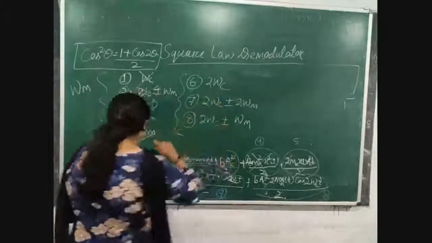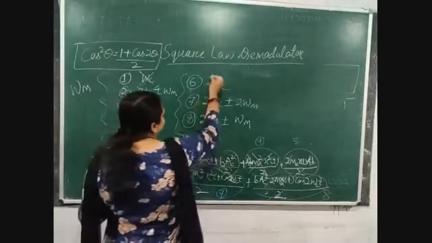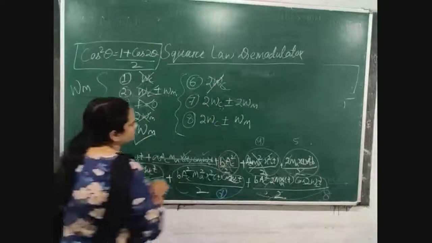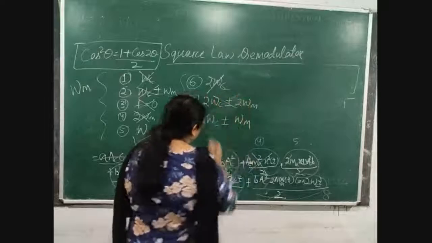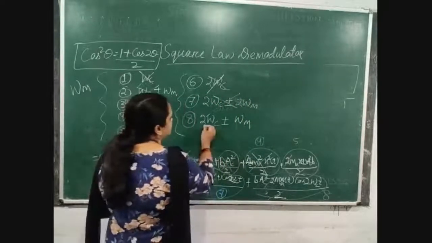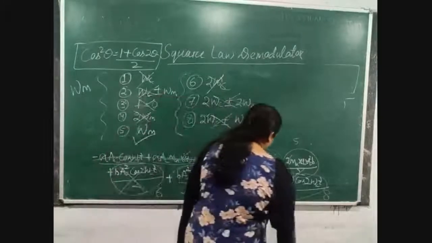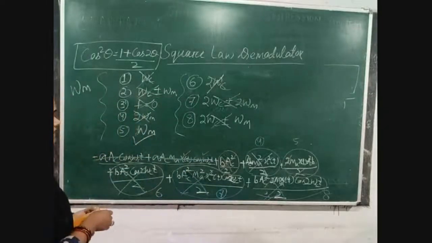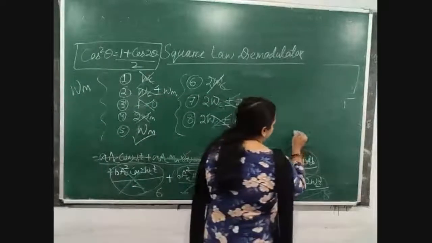Then 2 omega c, not required. Then 2 omega c plus minus 2 omega m, not required. Last one is 2 omega c plus minus omega m, it is also not required. The only term which is required is omega m, means this fifth one.